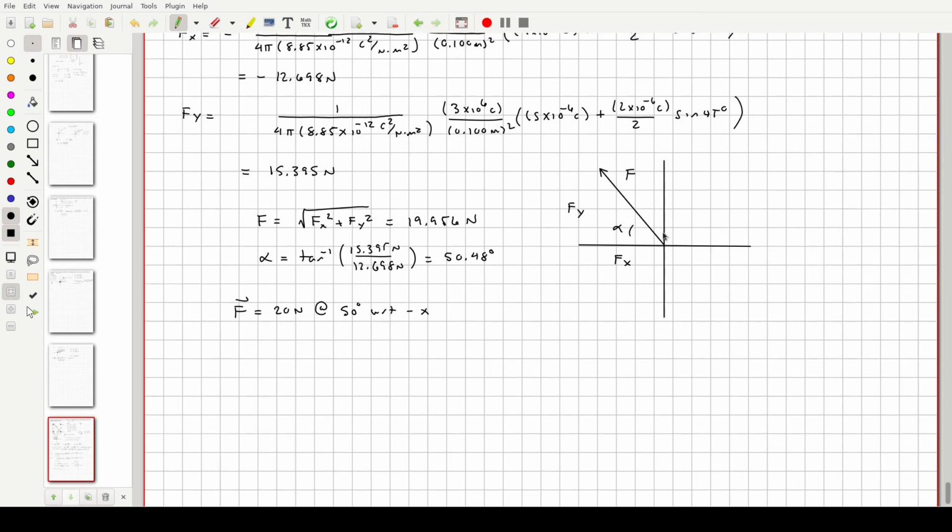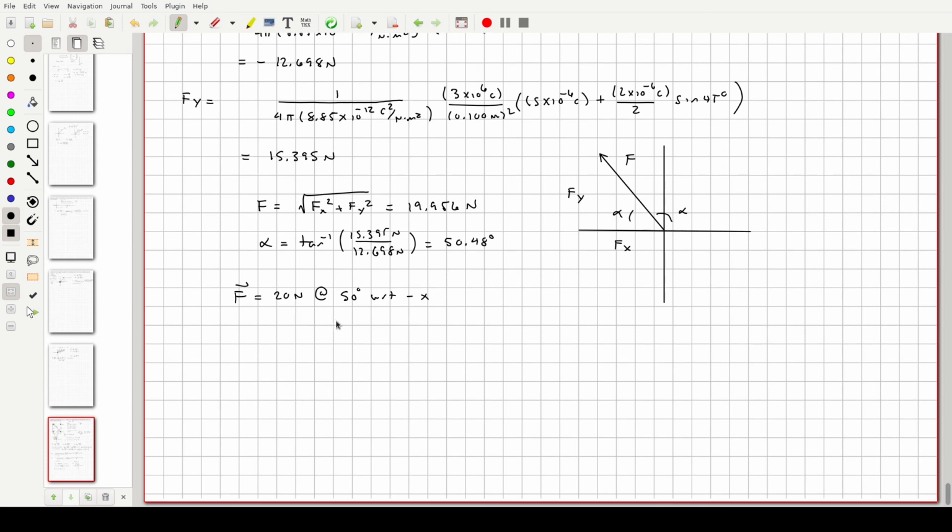Or I could just do my subtraction here and call this alpha if I wanted to, which would be 180, obviously, minus 50. So that would be 130 degrees. So either is fine.